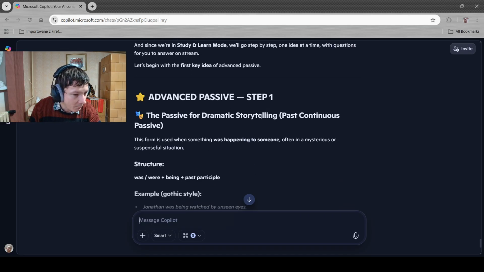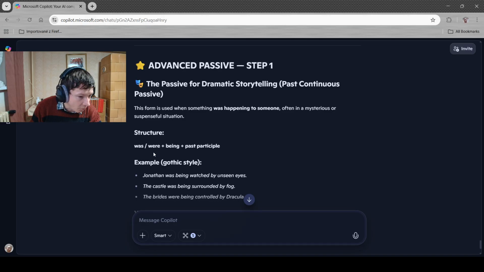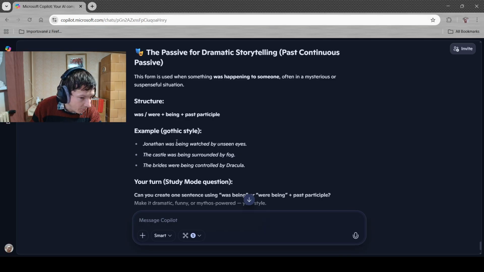Advanced passive step 1. The passive for dramatic storytelling, past continuous passive. This form is used when something was happening to someone, often in a mysterious or a suspenseful situation. Structure was or were plus being plus past participle. Example, Gothic style.